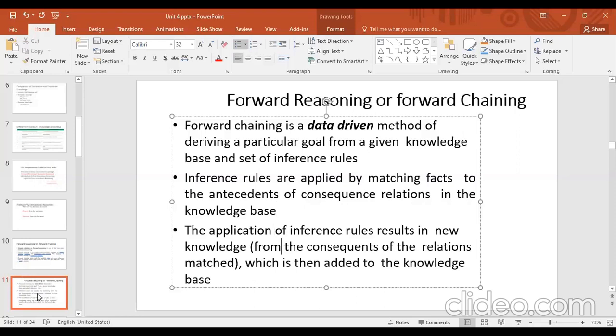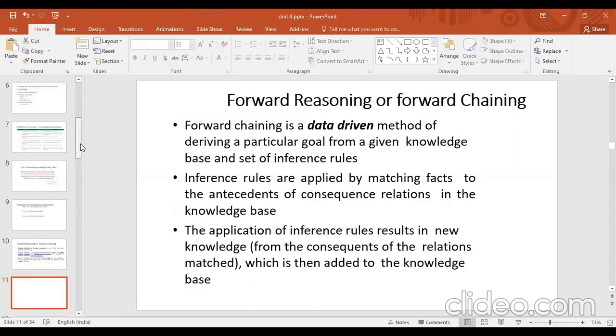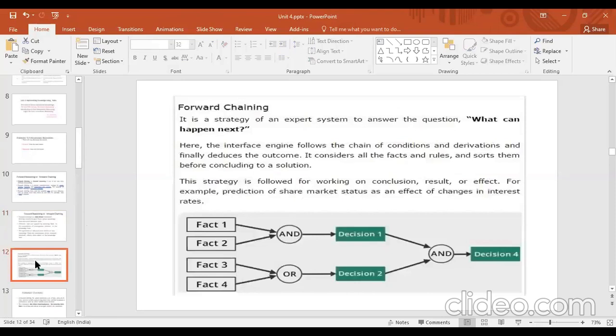Now we go to the next topic, how we can solve our problem using forward chaining, or forward reasoning. In this diagram you can see fact 1, fact 2, fact 3, fact 4. You have been given a task, for example share market analysis prediction. Here is your output.